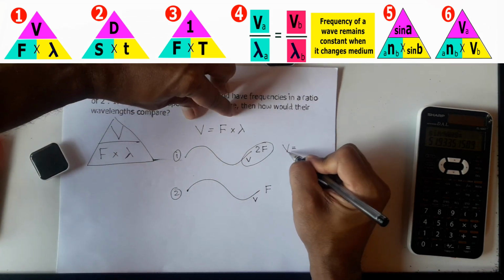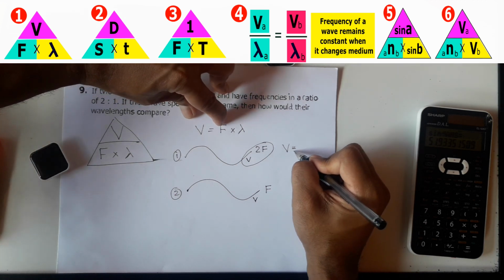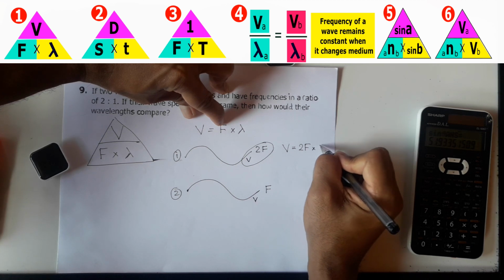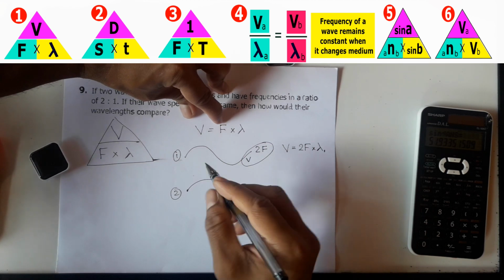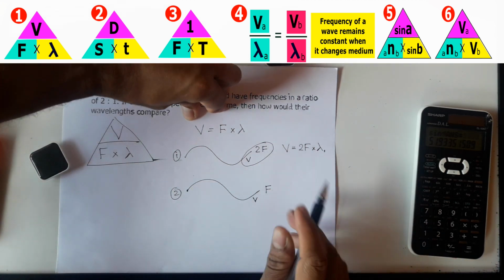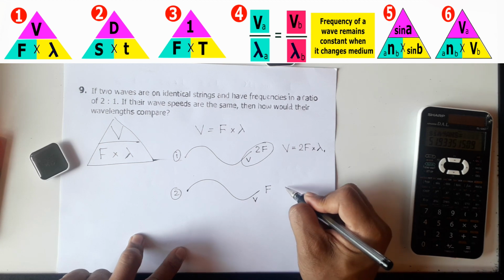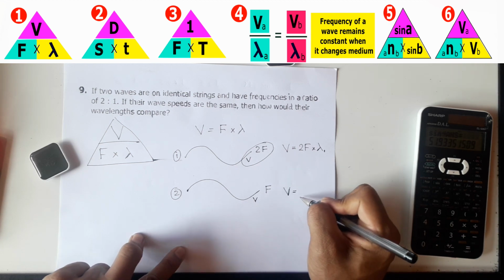So the velocity of this wave is v, and to calculate it, we take its frequency, which is 2f, and multiply it by the wavelength. I'm going to call this wavelength 1, because we do not know anything about their wavelengths as yet. For the second one, his velocity is also v.